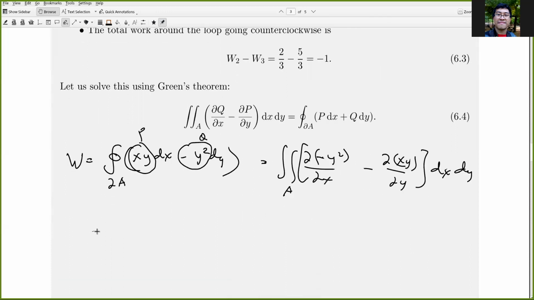Okay, so the first is 0. So we're left with the partial derivative of xy with respect to y. That's x, and negative x dx dy.